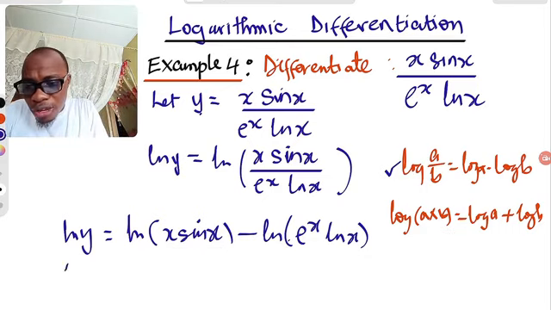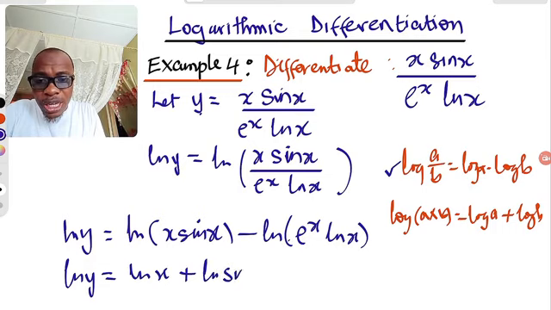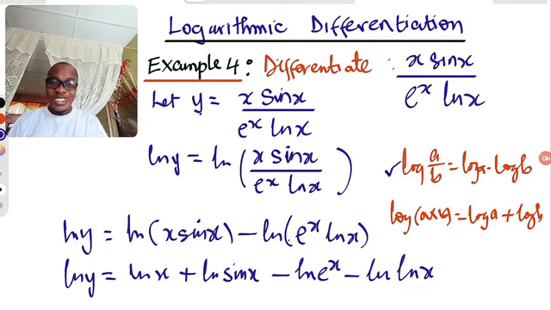Now from here, we're going to have ln y equals ln of x, then plus ln of sine x, then minus ln of e to the power of x, then minus ln of x. Do you understand? Ln of x.